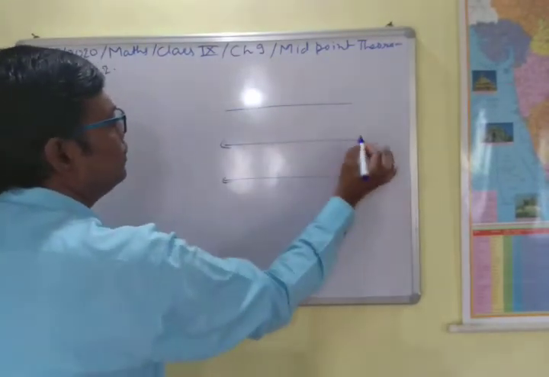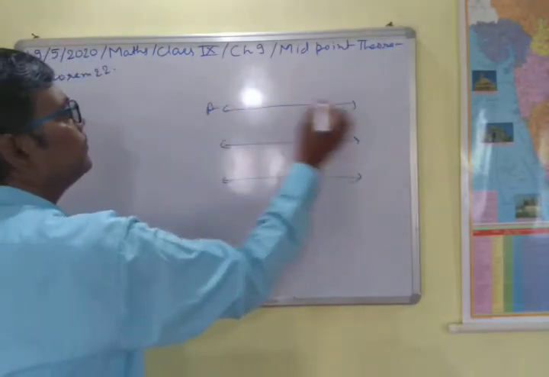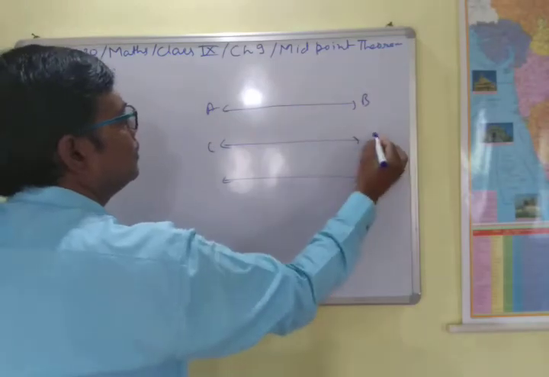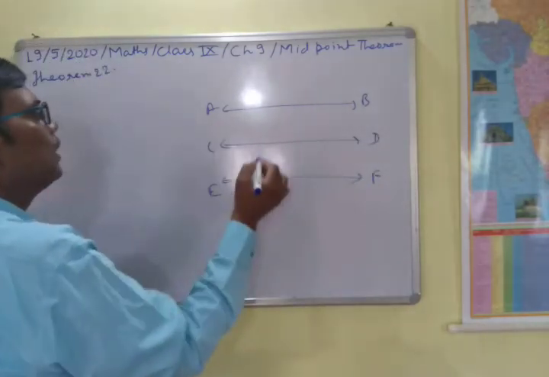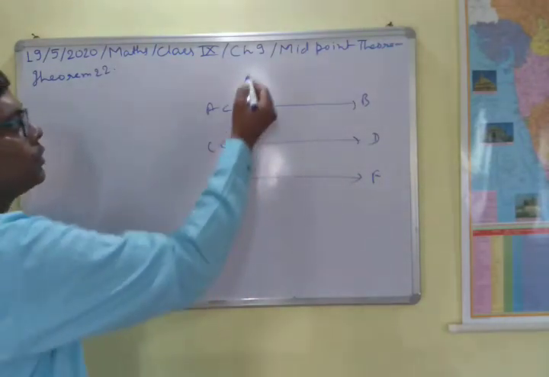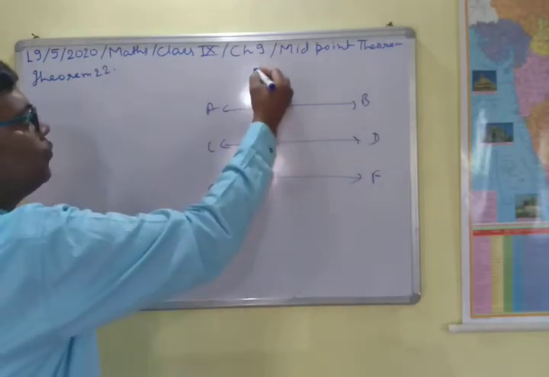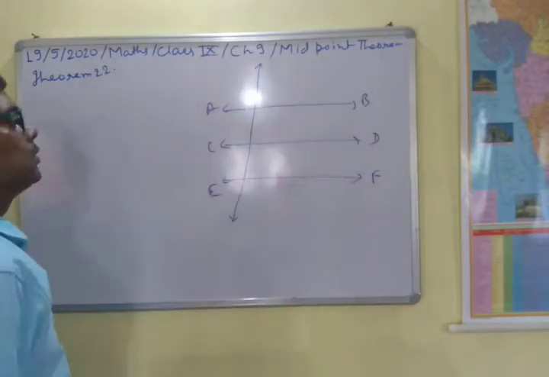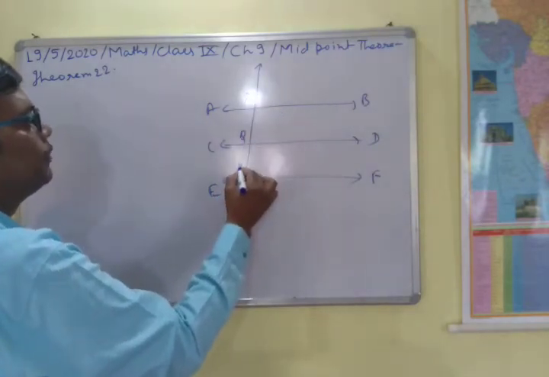Suppose AB, CD, EF are the lines which are parallel to each other. And there is a transversal, that is, a fourth line which is intersecting all these lines at some points. Suppose P, Q, R here.